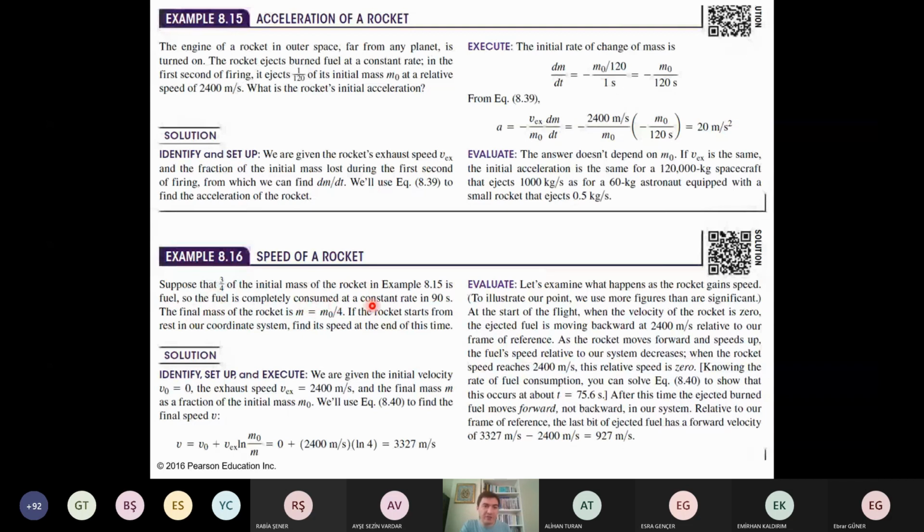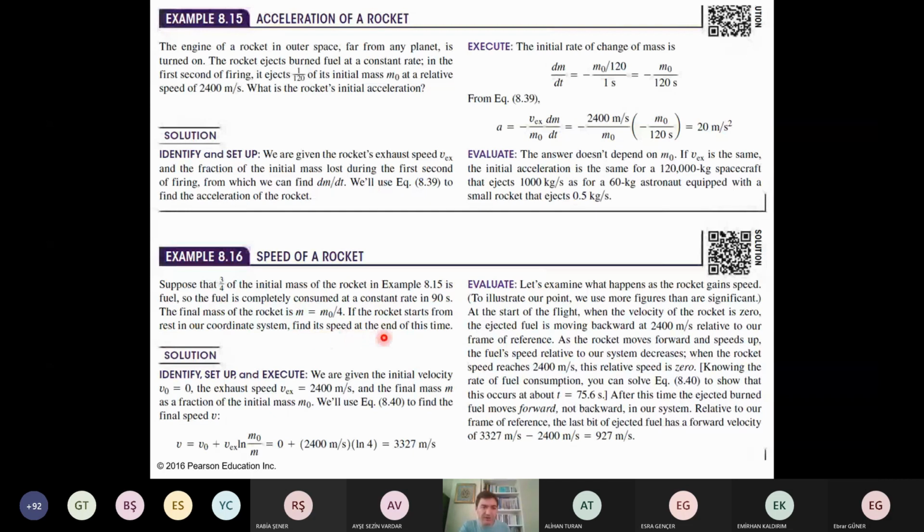The final mass of the rocket m is given by m0 over 4, so 75% of the mass is exhausted. If the rocket starts from rest in our coordinate system, find its speed at the end of this time.